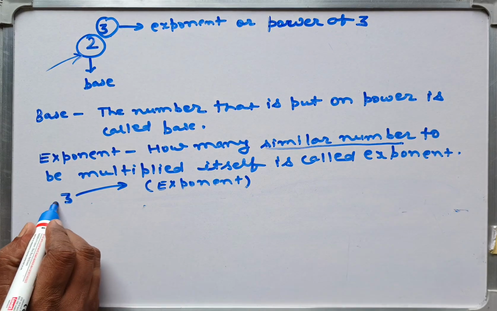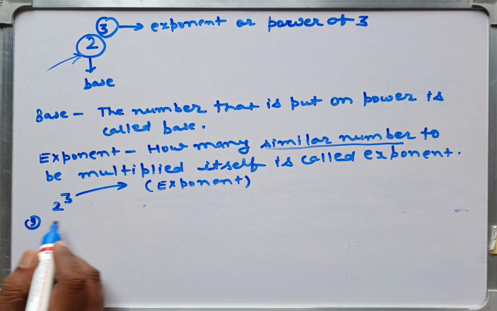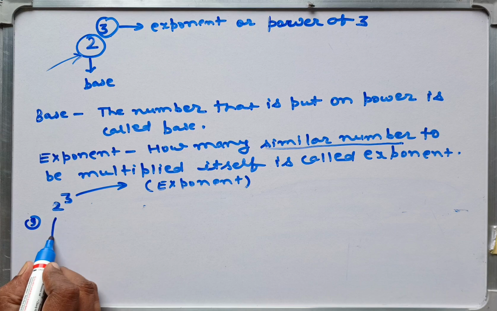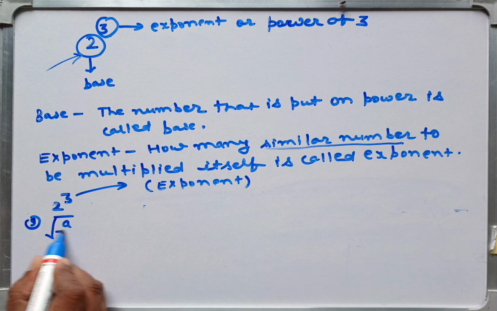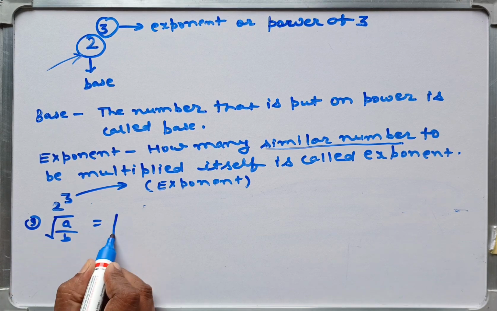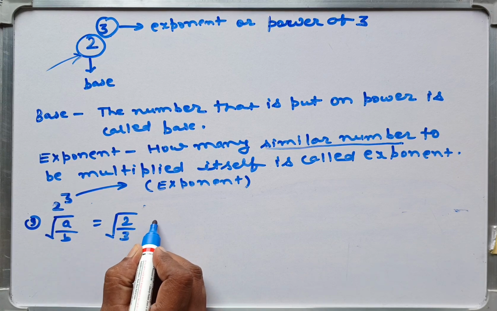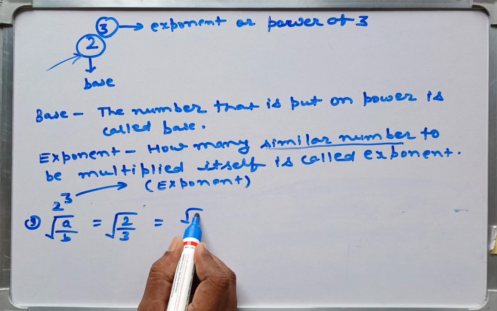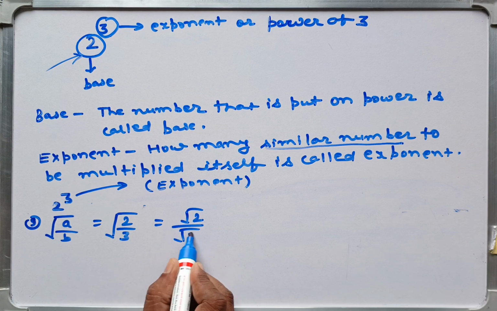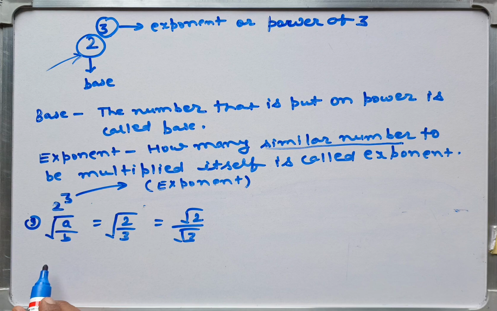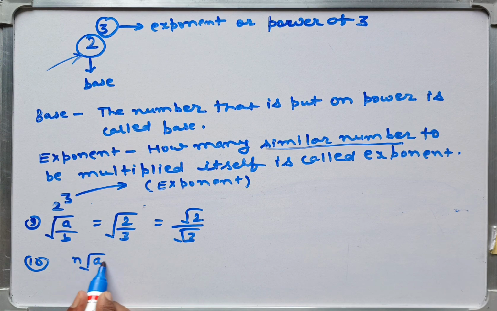The ninth rule, guys: suppose a number is given like this, 2 by 3 under root. We can write it as this one also. The tenth rule, guys: suppose the nth root of a whole to the power of m.